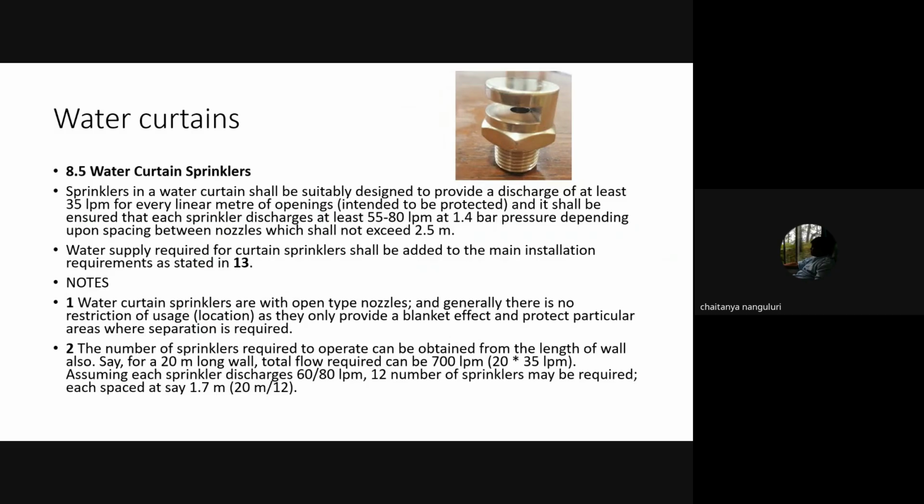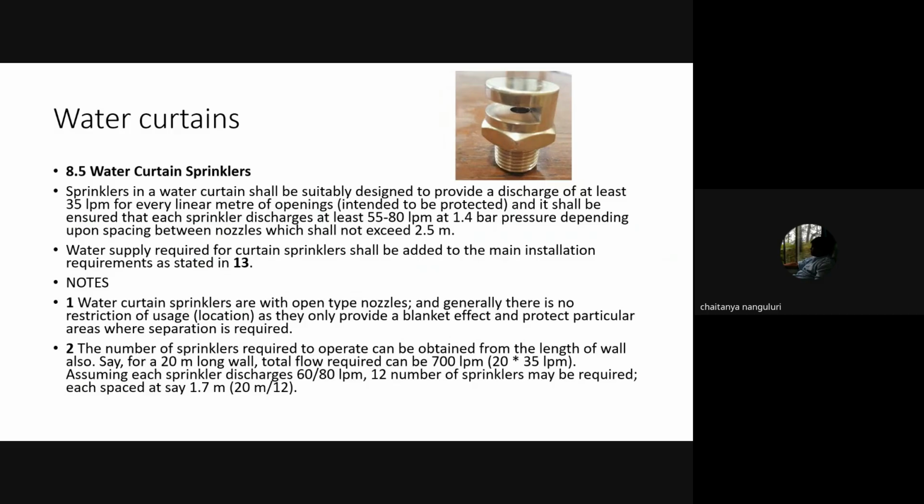I've clearly given how we design it. You can read it out, or else I'll read. Water curtain sprinklers: sprinklers in a water curtain shall be suitably designed to provide a discharge of at least 35 LPM for every linear meter of openings. It shall be ensured that each sprinkler discharges between 55 to 80 LPM at 1.4 bar pressure, depending upon the spacing between the nozzles, which shall not exceed 2.5 meters.